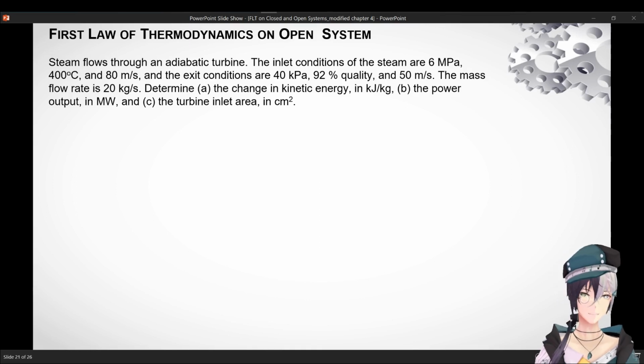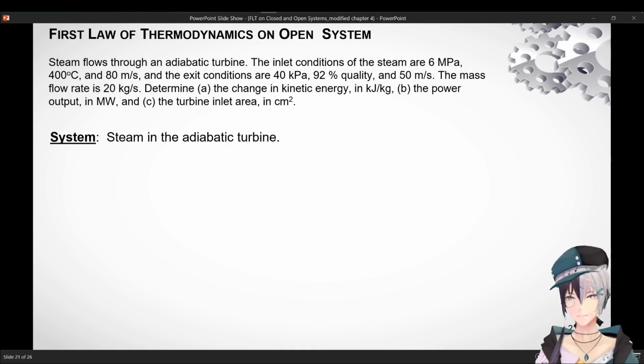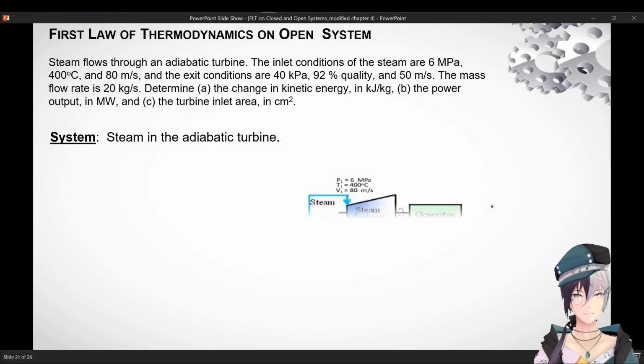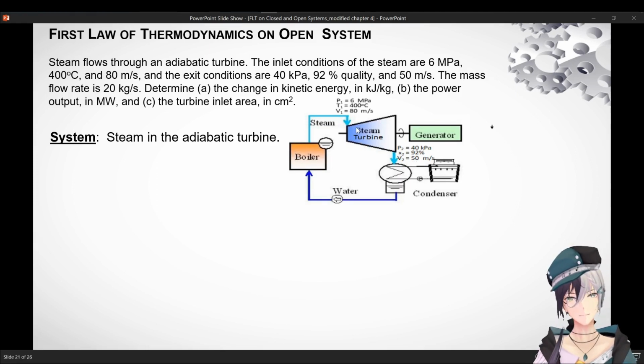As I've said, the system is the steam that is in the adiabatic turbine. This is your turbine. These are the initial conditions given, and these are the outlet conditions, so state 1 and state 2.